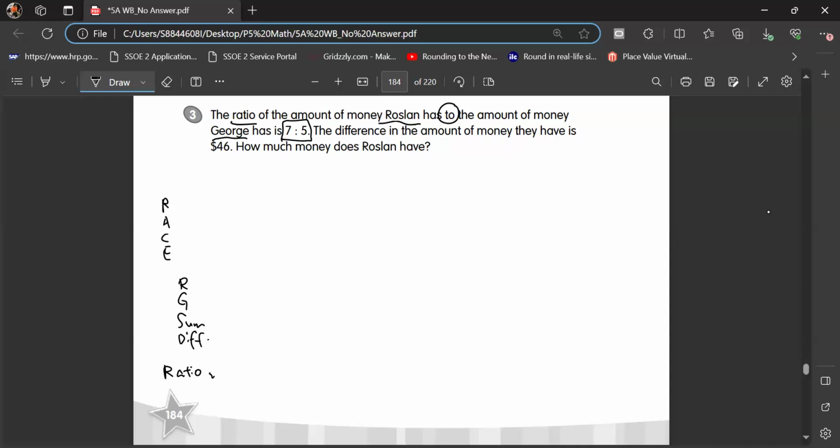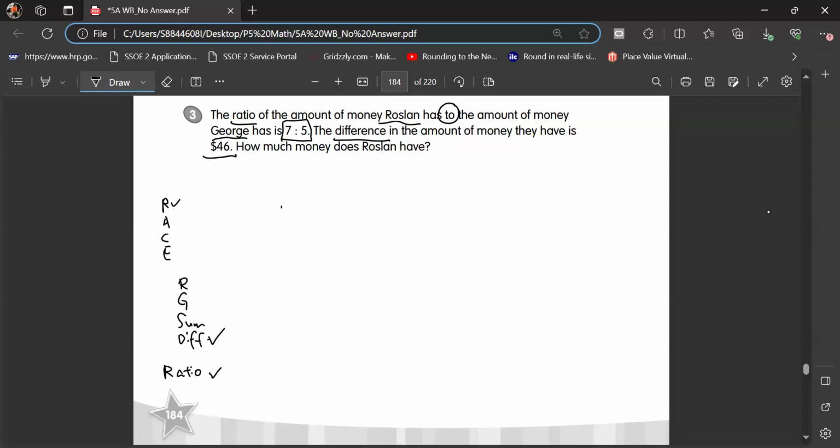And then I notice that the ratio is given. The difference in the amount of money they have is $46. How much money does Roslan have? So that is the whole question. I realized, okay, here the difference is the one that's being given. So I have the difference. This kind of question I say is helpful because almost all of the information that you may need is given in the question.